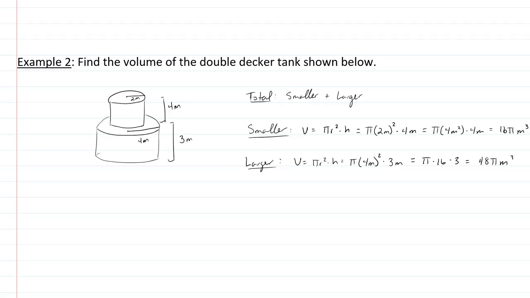Now what we need to do is add these two together. So the total volume is just 16 pi meters cubed plus 48 pi meters cubed. This is 64 pi meters cubed, the total volume of the double-decker tank.